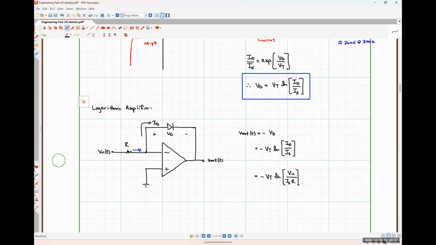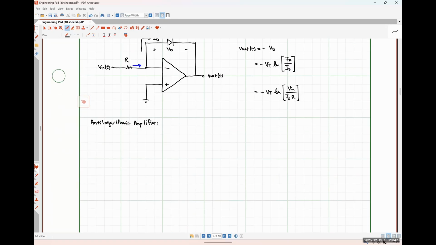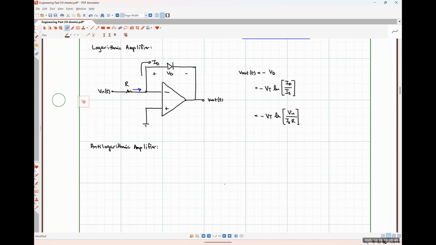Okay. To make an anti-logarithmic amplifier, we're just going to swap the position of the diode and the resistor. So we'd have something like this.